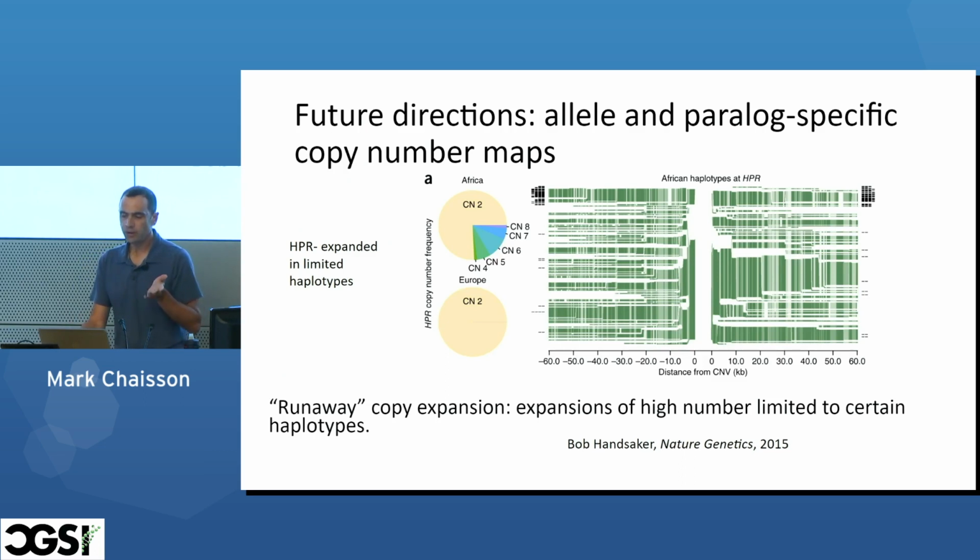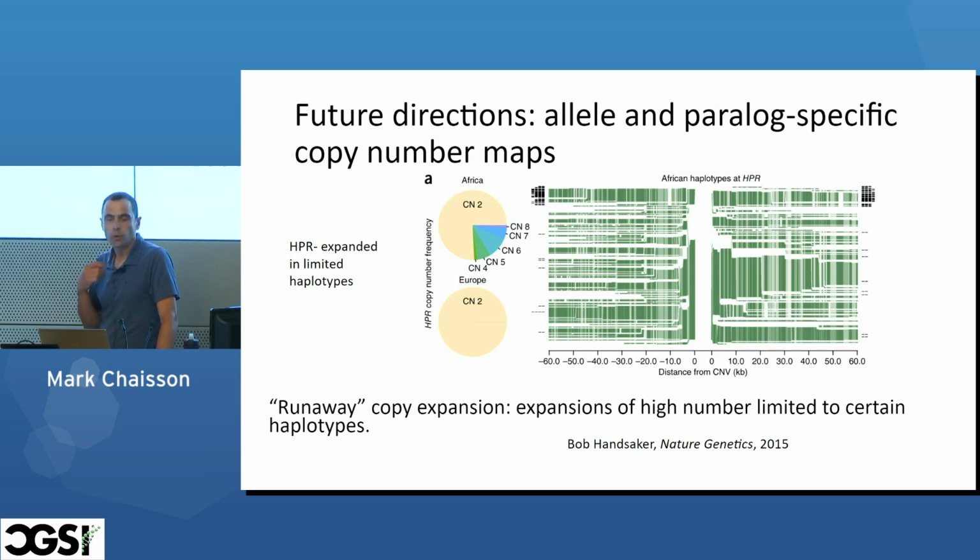Another future direction is something that was my talk on Tuesday, which is allele and paralog specific copy number maps. I mentioned very early on that the pangenome, or at least different individuals, have different copy numbers of certain genes in their genome.